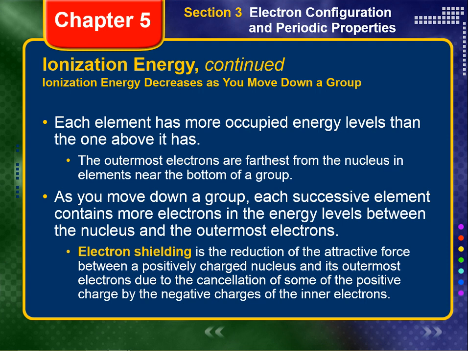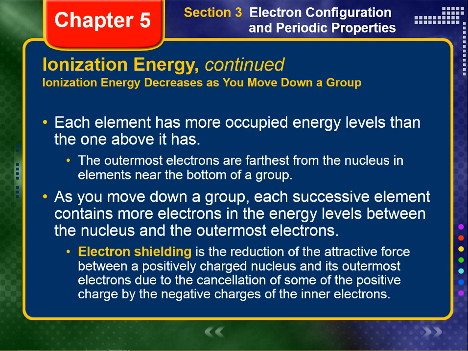So as you move down a group, each successive element contains more electrons in the energy levels between the nucleus and the outermost electrons, which results in something called electron shielding. Electron shielding is the reduction of the attractive force between the positively charged nucleus and its outermost electrons due to the cancellation of some of the positive charge by the negative charges of the inner electrons.